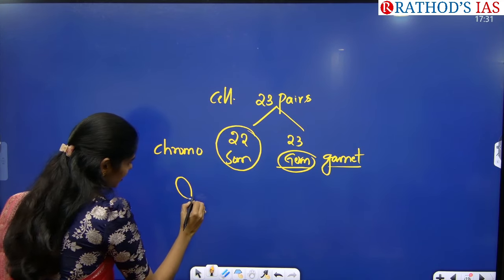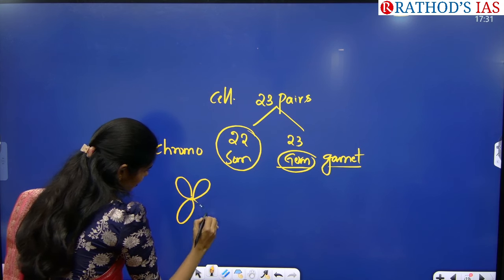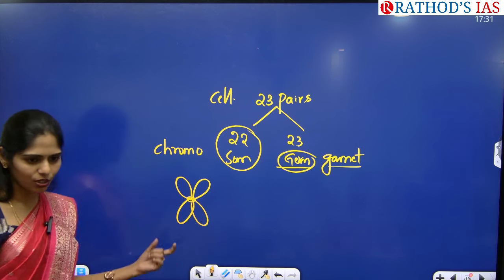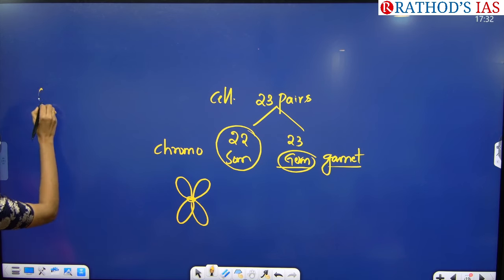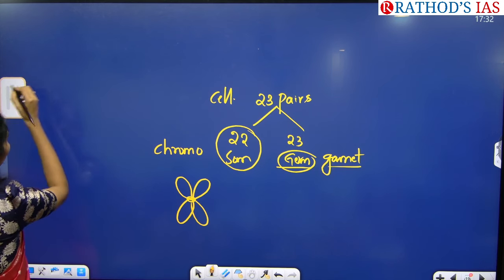The shape is like this. So this is the chromosome. We have 23 pairs of chromosomes in each and every cell. So what is a chromosome made up of? Any idea, anyone? So we have DNA.